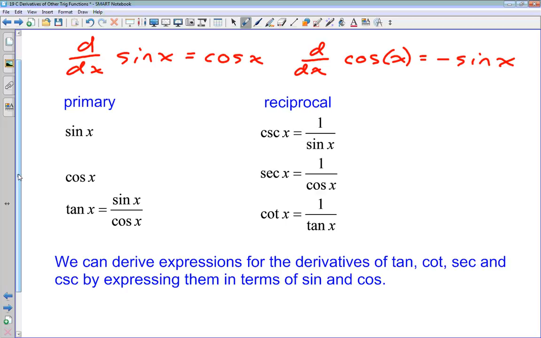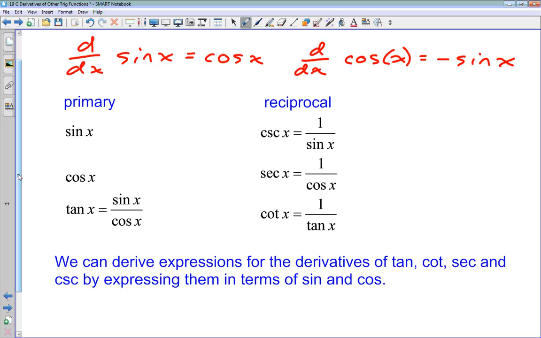I've listed these relationships here because what you see is that these other four trig functions that we're talking about today, tan x, cotangent x, cosecant x, and secant x, can all be expressed in terms of sine and cos. So it is possible, if you don't remember the derivative rules for cotangent, let's say, you can always derive it by expressing your cotangent function in terms of sine and cos, and then going from there.